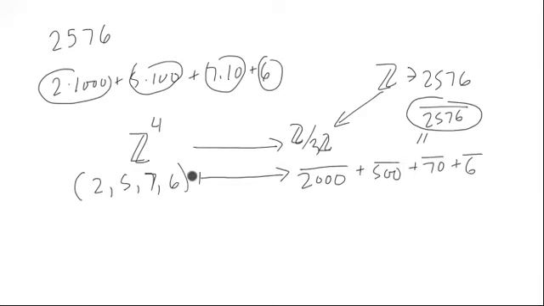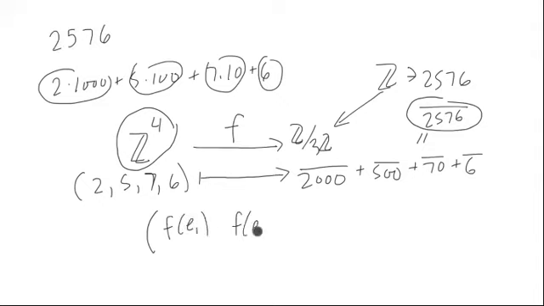Now, since this is a map from a free Z-module, we should be able to represent it by a matrix, where first we have the image of this map, let's call it f, of e1. Then we have the image of e2, e3, and e4.